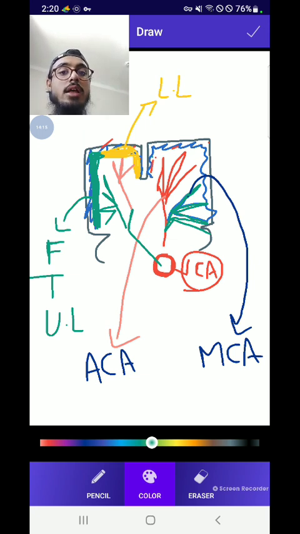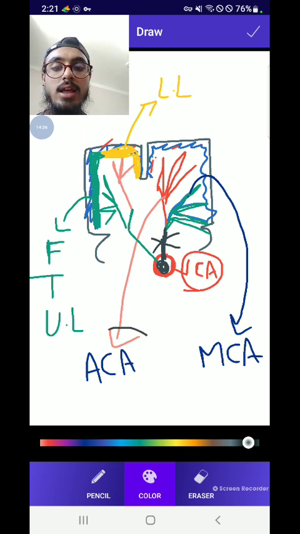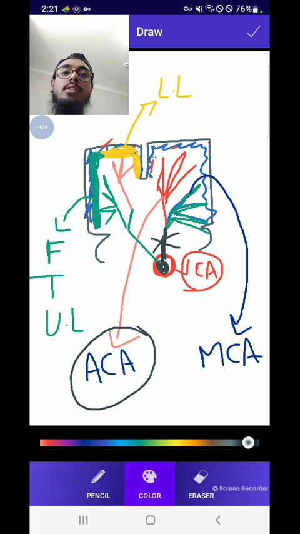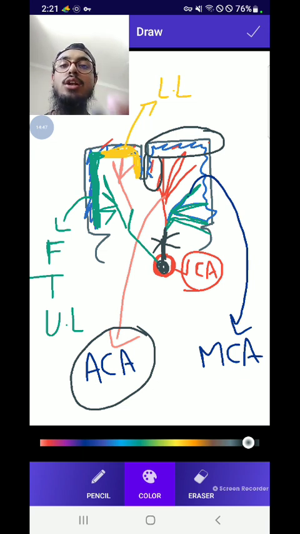When there is any blockage in the internal carotid artery or a branch of the internal carotid artery, the blood supply does not go towards these arteries. If there is a blockage in the anterior cerebral artery, there is damage to this area. What is the function of this area? It senses the lower limb.